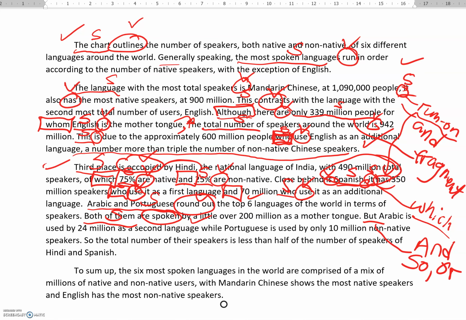Let's see why by looking at the rest of the sentence. So Arabic is a subject, and is used is a verb. And then if we continue, we see Portuguese is a subject, and is used is a verb. Okay, while is a conjunction to join subjects and verbs.